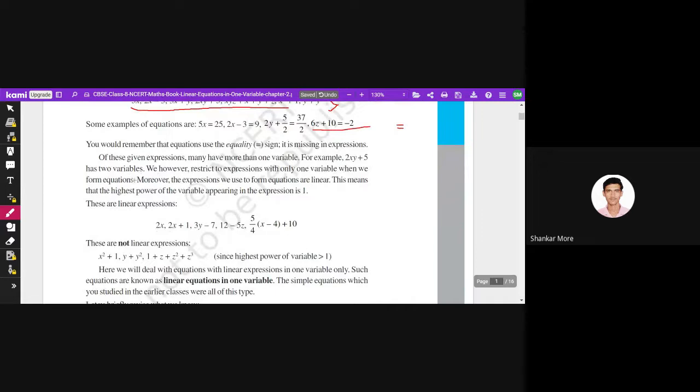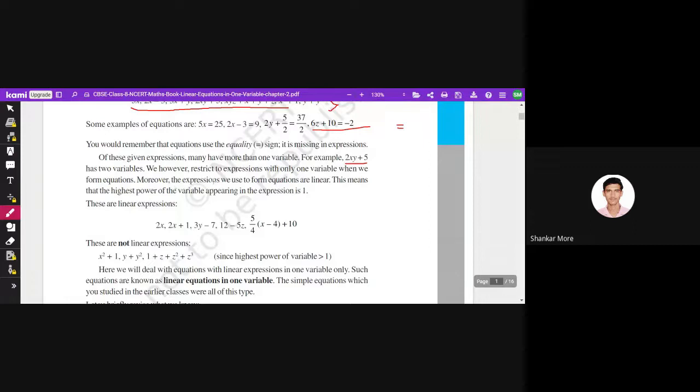Now of these given expressions, many have more than one variable. For example, let us take this expression 2xy plus 5. Now who can tell me how many variables are there in this expression, students? It's pretty simple. Two variables are there. Very good. So x and y, these are two variables.